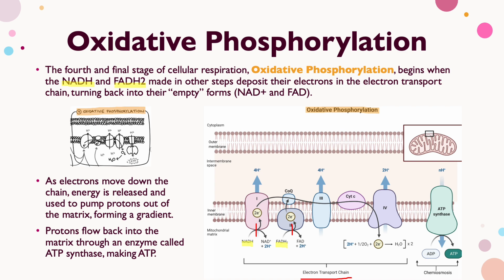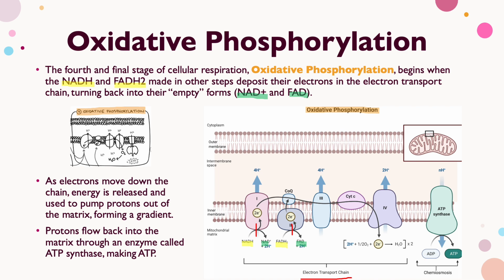So the NADH and FADH2 get turned back into NAD plus and FAD. As the electrons move down the chain, energy is released and used to pump protons out of the matrix. So here we have the matrix, and they're pumping these protons out of the matrix, forming a gradient.